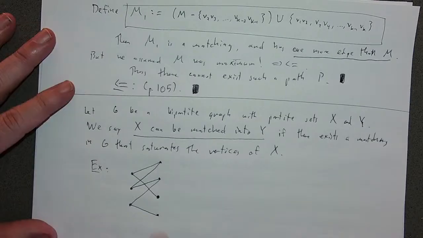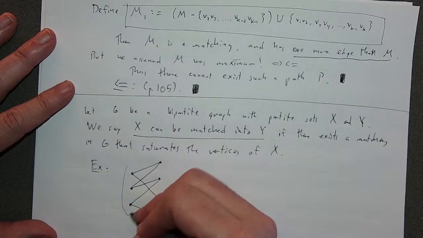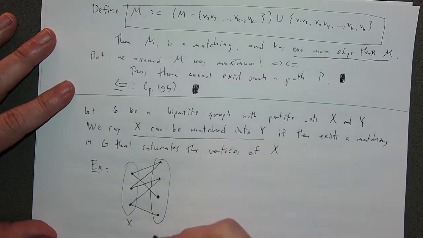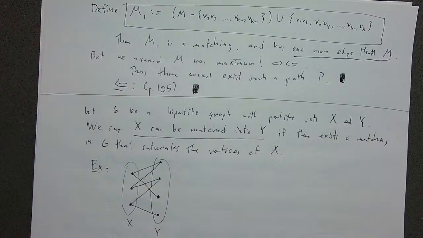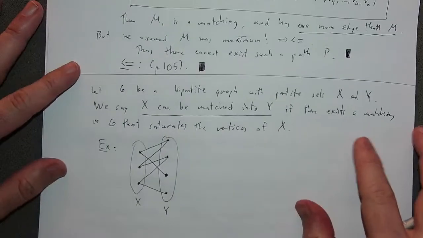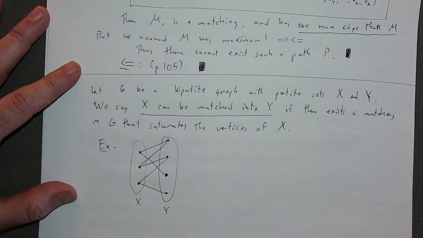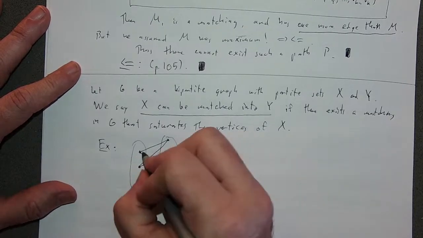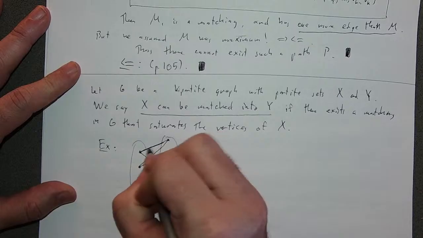Question is, if this is my X and this is my Y, can X be matched into Y? That would mean that there exists a matching in this graph that saturates the vertices of X. I just need to find one of them.